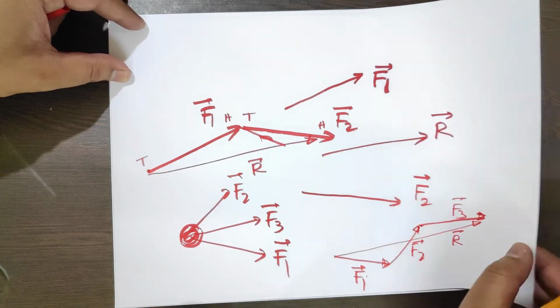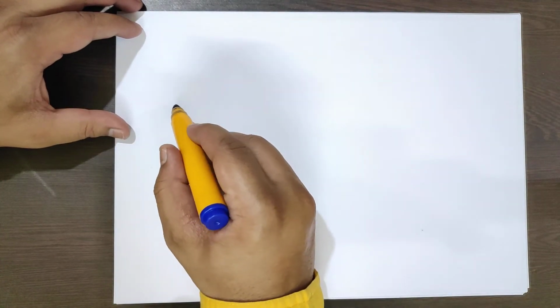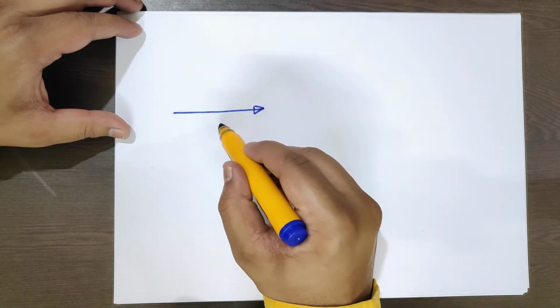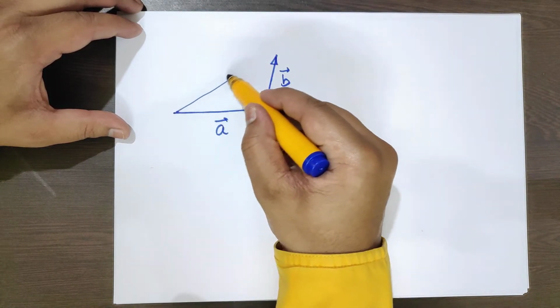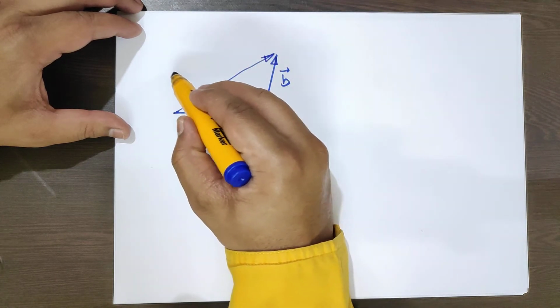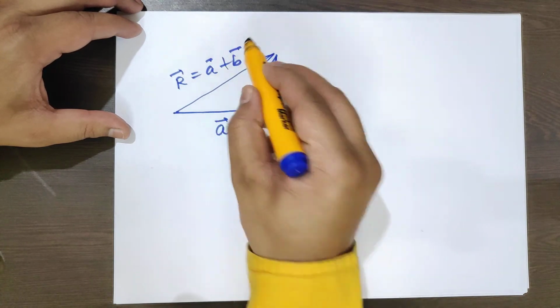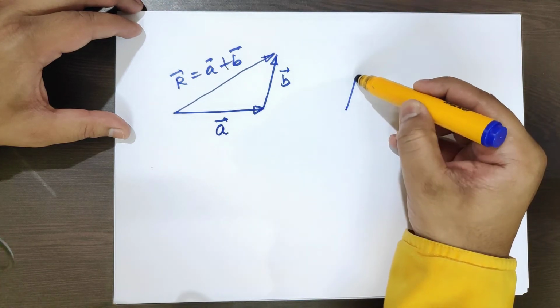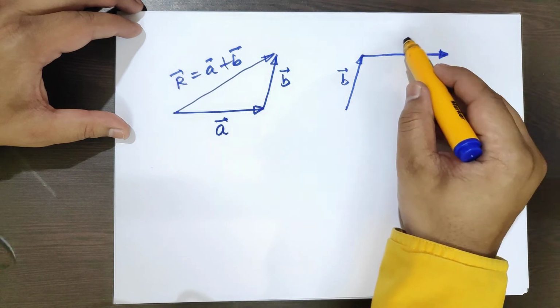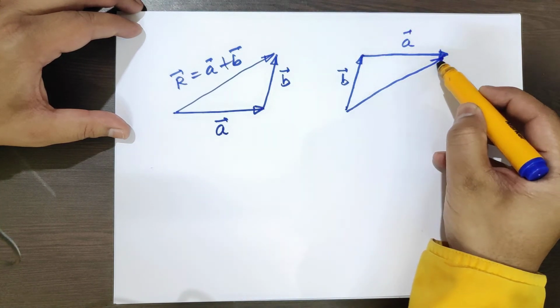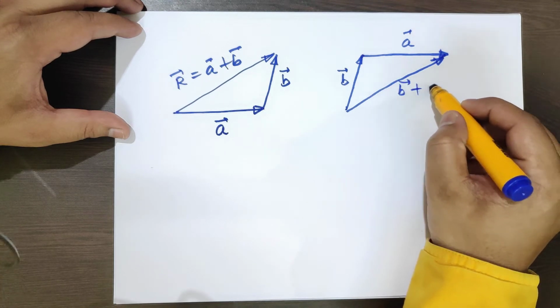Also, this vector sum obeys the commutative law. That means, if I am showing it by the triangle law, this is vector A and that's vector B, and this is the resultant of A and B. So R equal to A plus B. Now if you draw it like this, first you draw B, second you draw A, parallel shifting, then you get B plus A. This vector is B plus A, right?